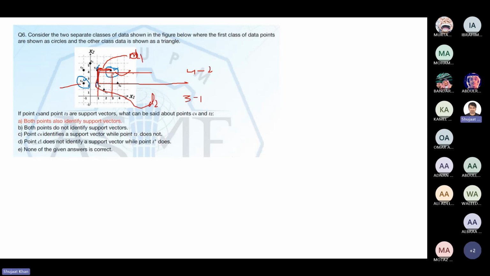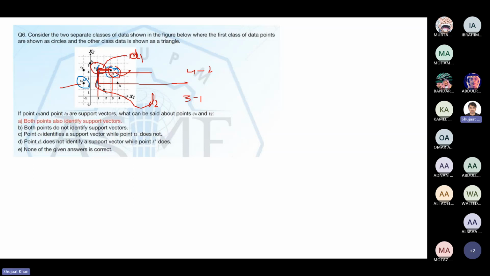So in this question specifically, the minimum distance is the same between C3 and T2. This is why you cannot actually increase or decrease the margin by simply removing one vector.